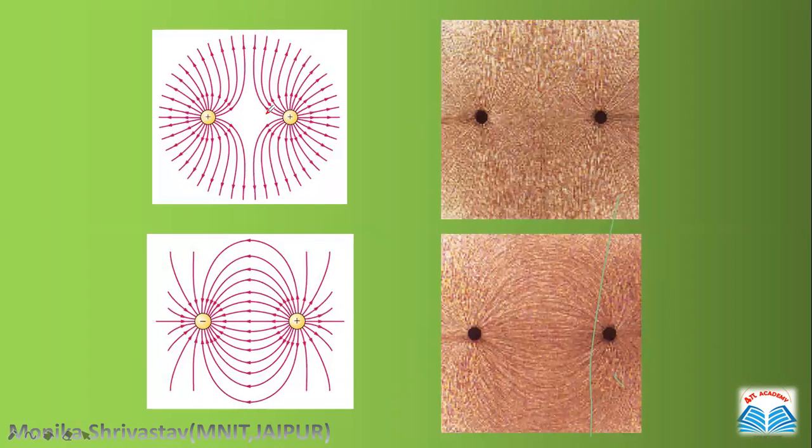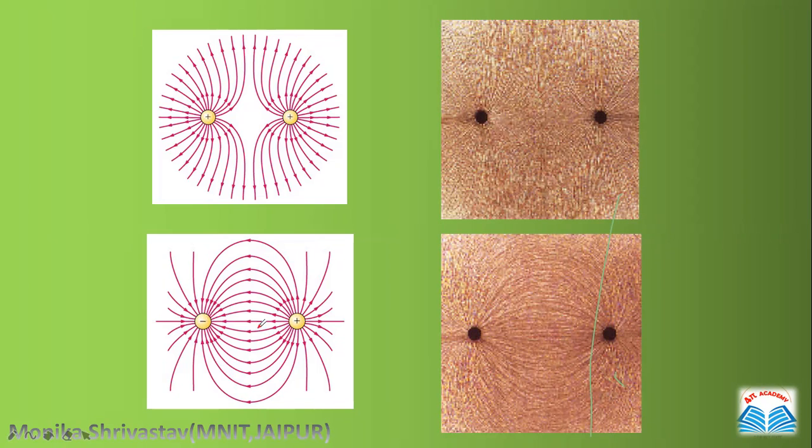Okay, if two similar charges are there, positive and positive, then it will look like this. Two centers, we are taking the example of an ocean storm. So two centers, and all the field lines go outside of these centers.